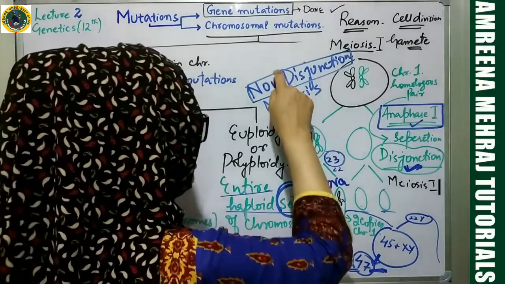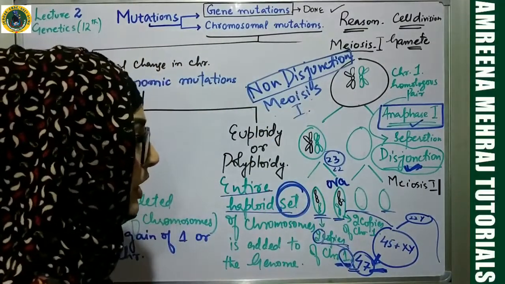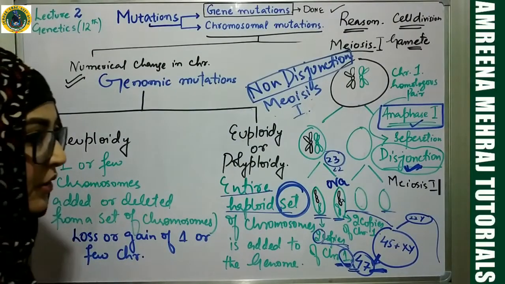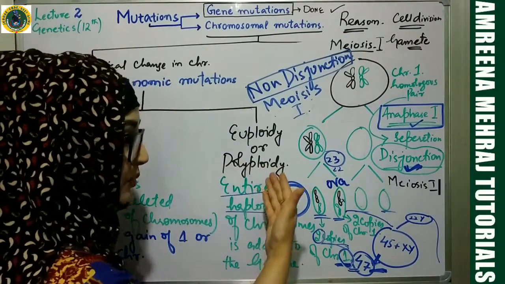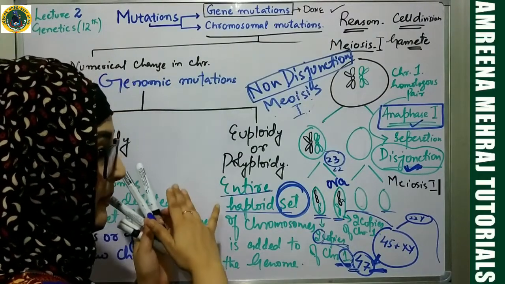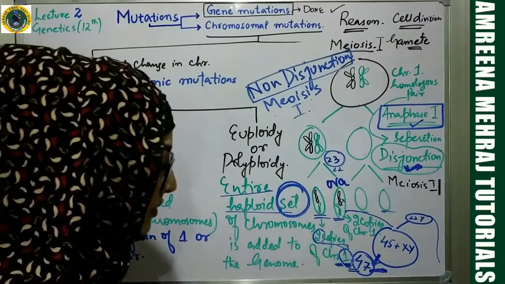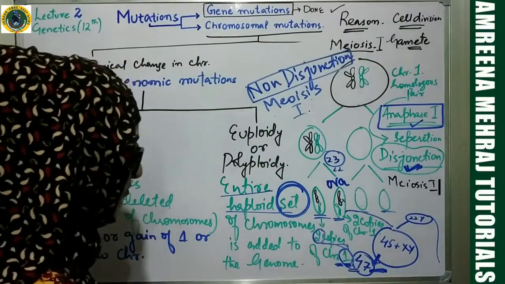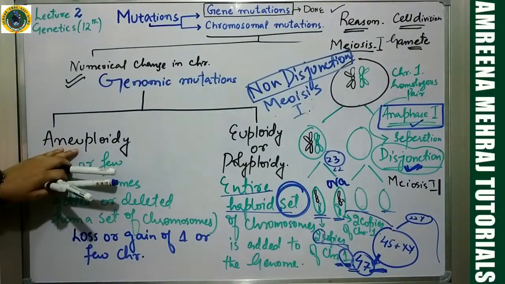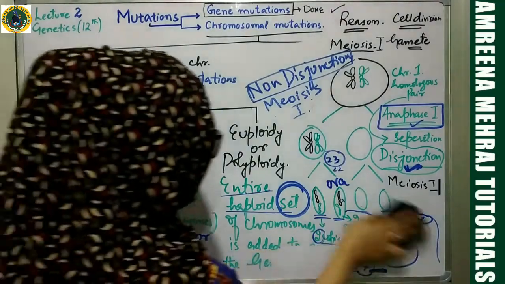Accordingly, this non-disjunction is responsible for genomic mutations, be it aneuploidy, or in case of euploidy you will see something else responsible, because a complete set of chromosomes gets increased. Now let us understand further about the types of aneuploidy.